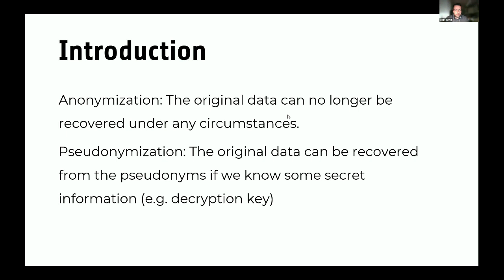This is called pseudonymization, and from a legal perspective, it's a weaker version of privacy. So from this definition, we can already conclude that if we want to anonymize the data, we cannot use encryption, because by definition, every encryption algorithm has a corresponding decryption algorithm. So the requirement of anonymization is not fulfilled in this case.